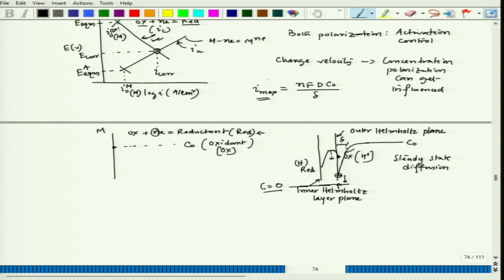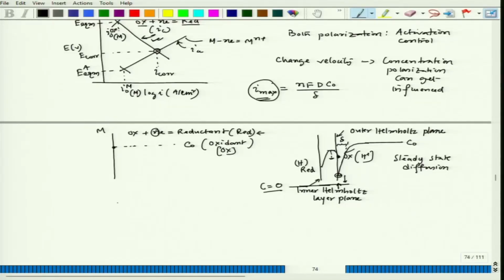Now, this particular I max is the maximum current density that is possible, and once it is arrived at, that means whatever oxidant is coming at the surface of the outer Helmholtz plane would immediately get reduced, and then the concentration at the interface of that oxidant would be 0.